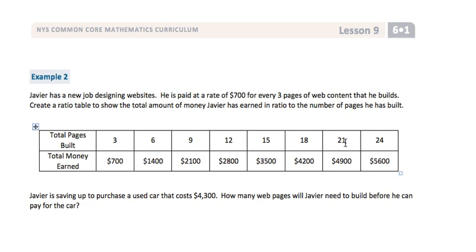So we could say 21, or we could say 19, because we're only 100 away, and one more web page would get him more than $100 if you look at the rate. $700 for 3 web pages would be more than $100 per web page. So we could say 19 based on that piece of information.